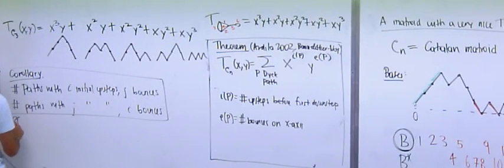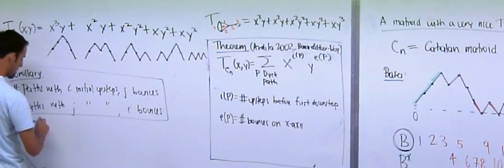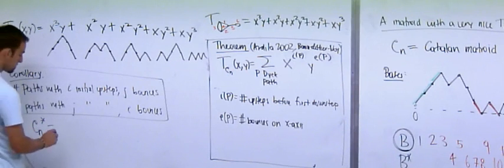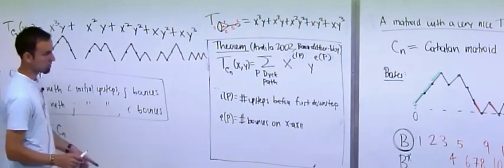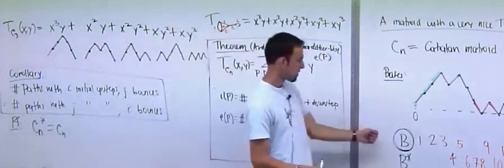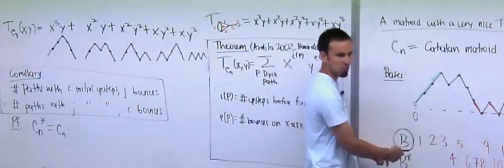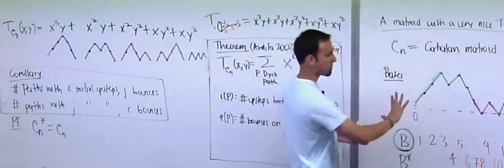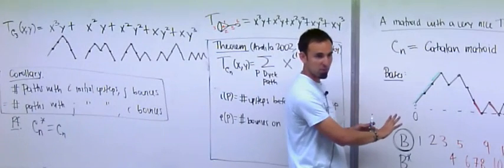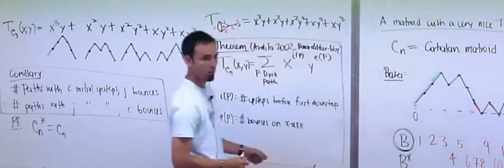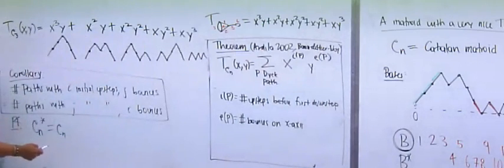But another thing that you might remember is that the dual of the Catalan matroid is the Catalan matroid. Because if the bases describe up steps, then the complements describe down steps. But if you just flip the picture around, the down steps just become up steps. So the Catalan matroid and its dual are isomorphic matroids, so they have the same Tutte polynomial.